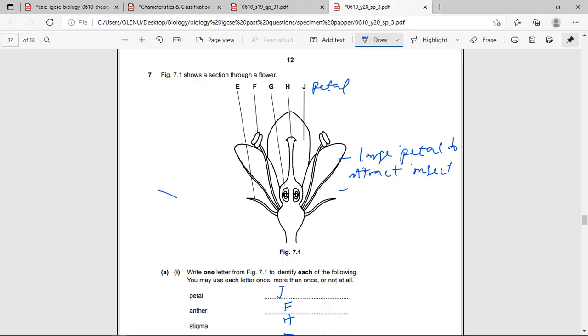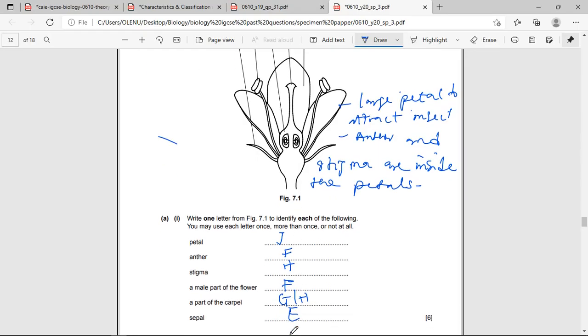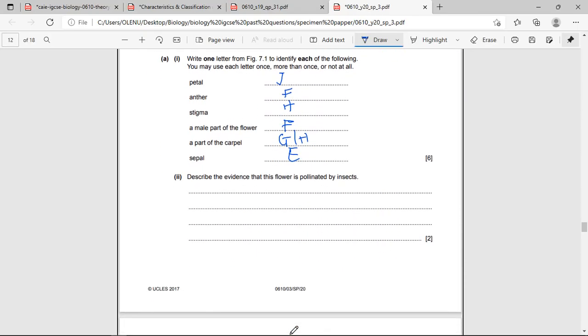Another is that the anther and the stigma are found inside the petals. Simple. So that answers this question.